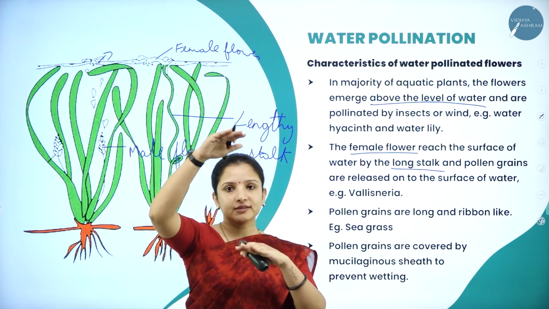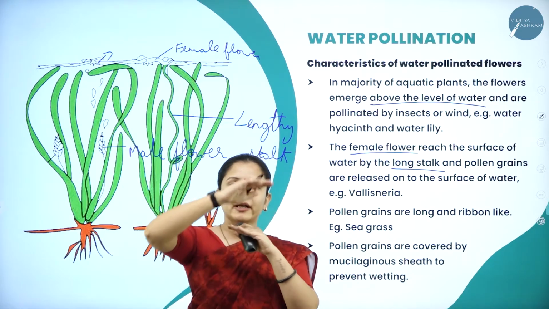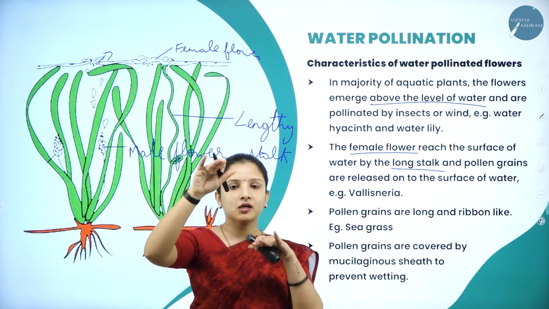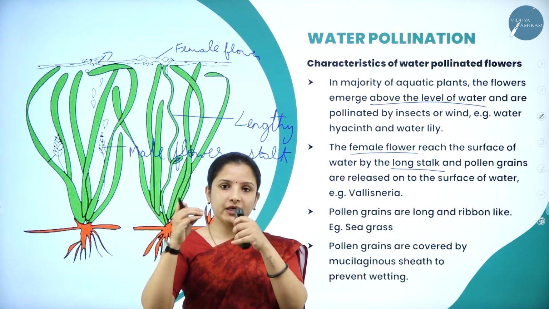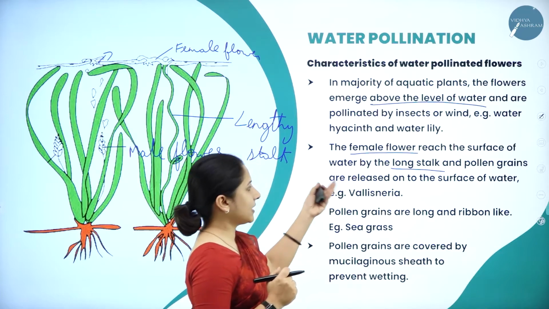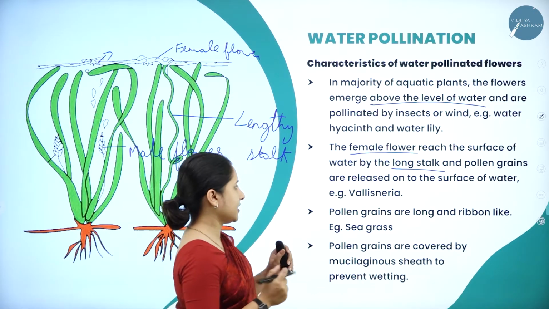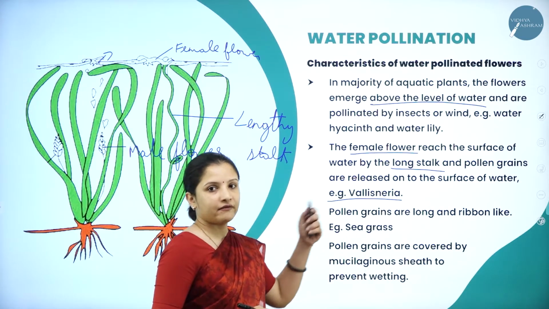They will move to the surface of the water because their buoyancy is very, very less. In the water current, they will travel towards the female flower. Therefore, the pollination will be completed. That process is seen in Vallisneria. So the best example of a water pollinated flower is Vallisneria.